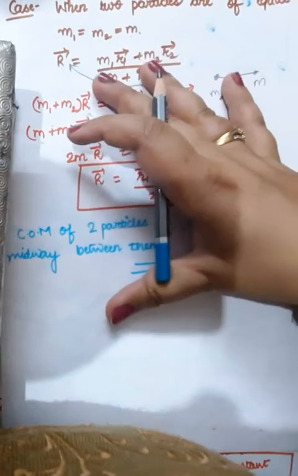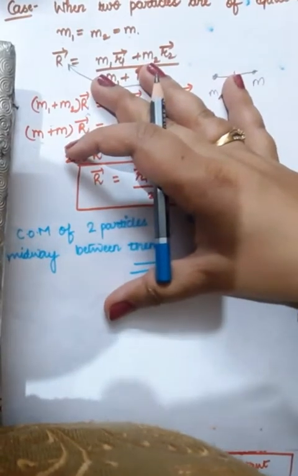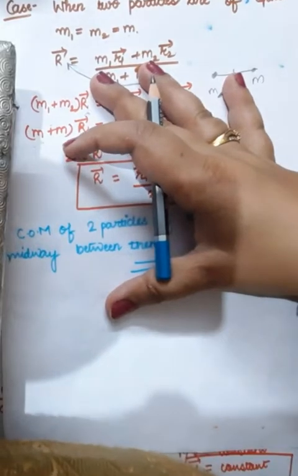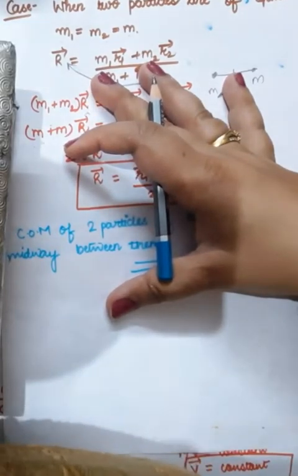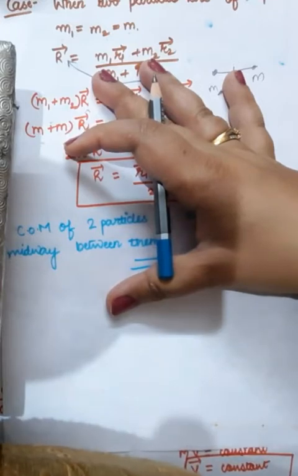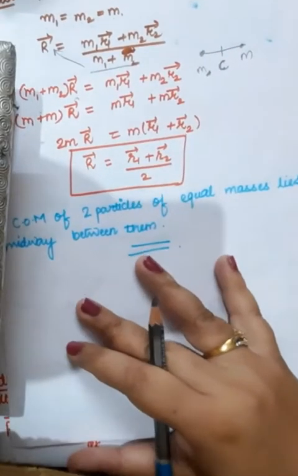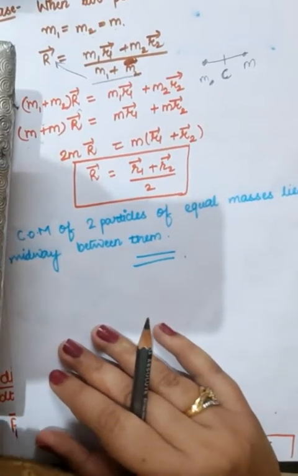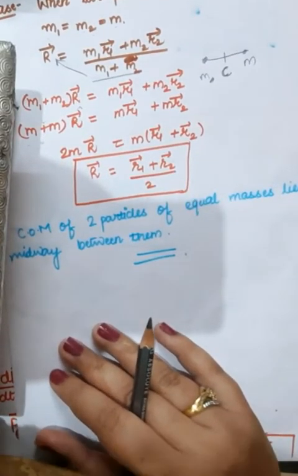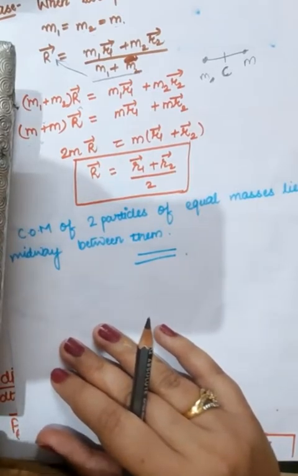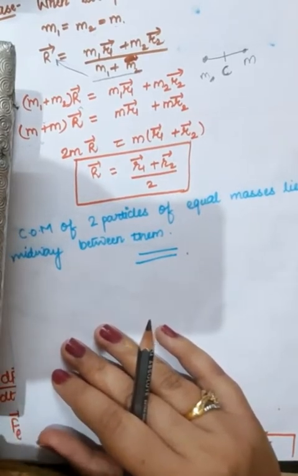This derivation was a proof for what? That when a two particle system has particles of equal masses, then the center of mass will always lie exactly at the center of the line joining those two particles.